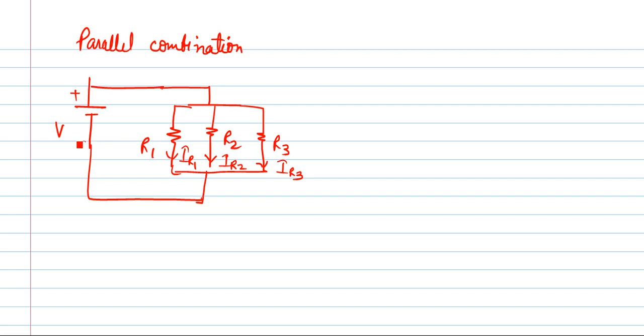Now this is V, with polarity plus minus. The current flowing here is I, and I is equal to IR1 plus IR2 plus IR3, because this current I divides into three parts, giving us IR1, IR2, IR3. Here we can see that in parallel the voltages are the same.